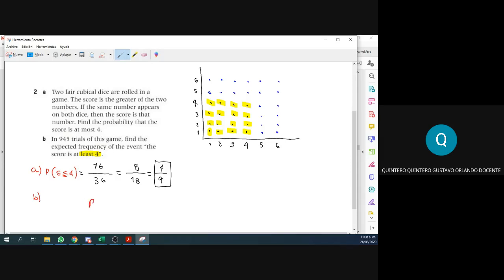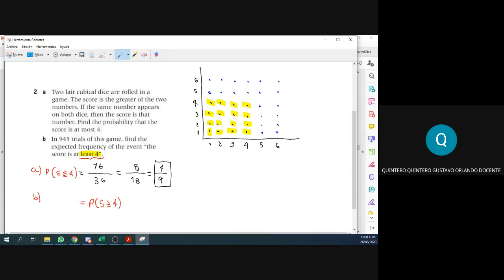We're looking for the probability of the score being bigger or equal than 4. Again, in this case, I'm saying bigger or equal because we want at least 4. So the possible values are 4, 5, and 6, meaning we want the score to be bigger or equal than 4. All right.